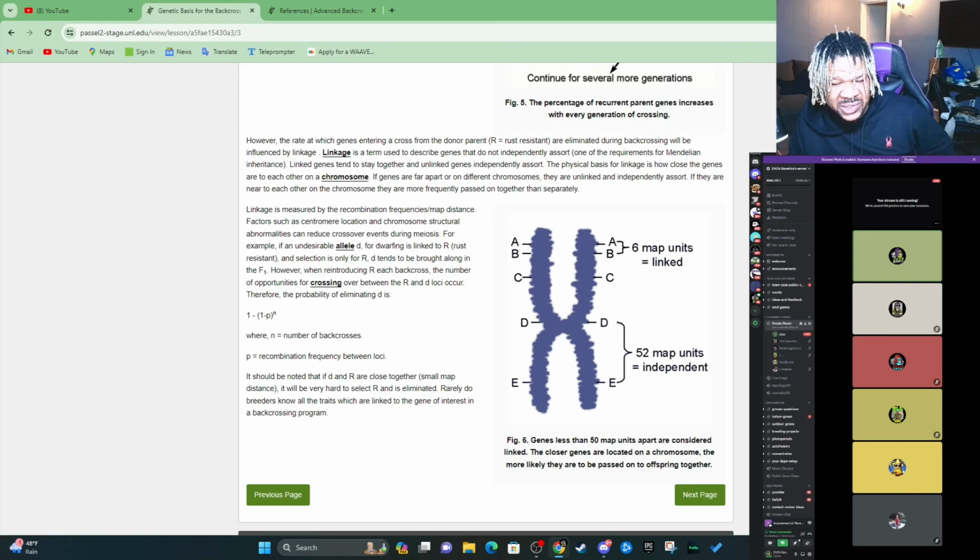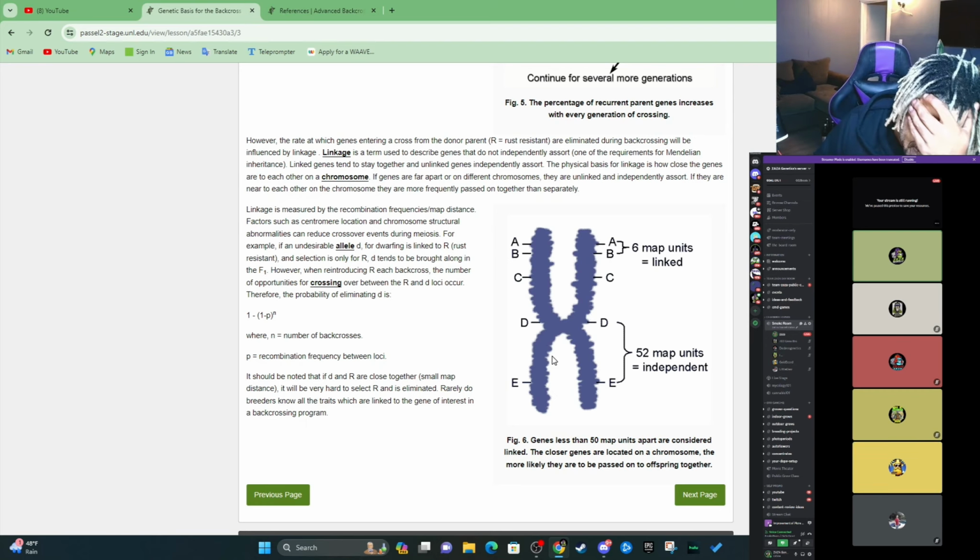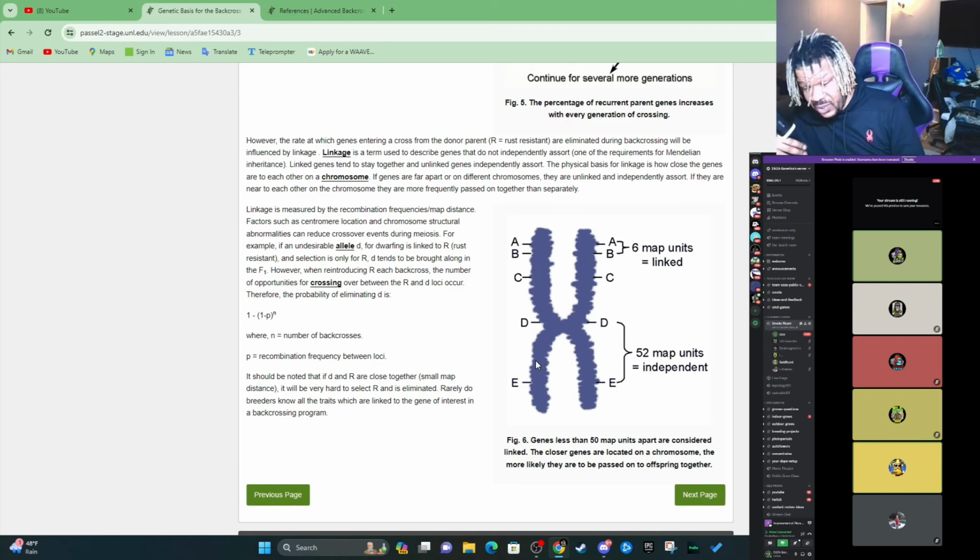Rarely do breeders know all the traits which are linked to the gene of interest in a backcrossing program. That's what I'm saying. That could be the tricky thing too. Genes that are attached to each other. Alleles that are linked together, linked genes. Which could be a good thing, but could be a bad thing.